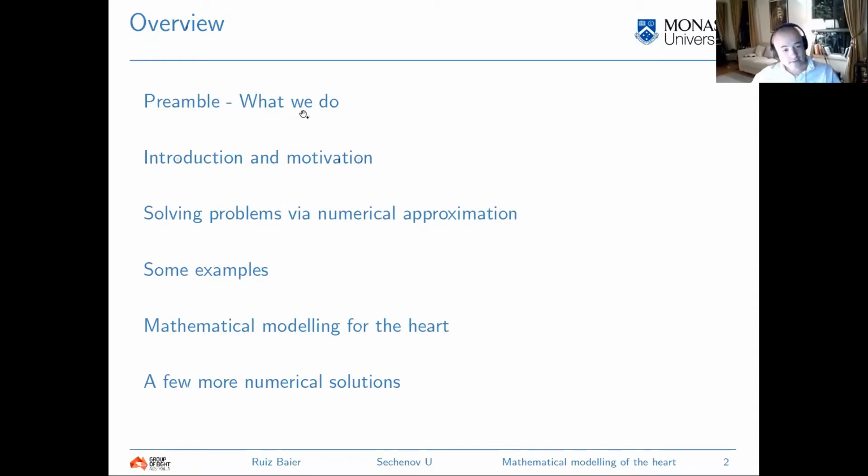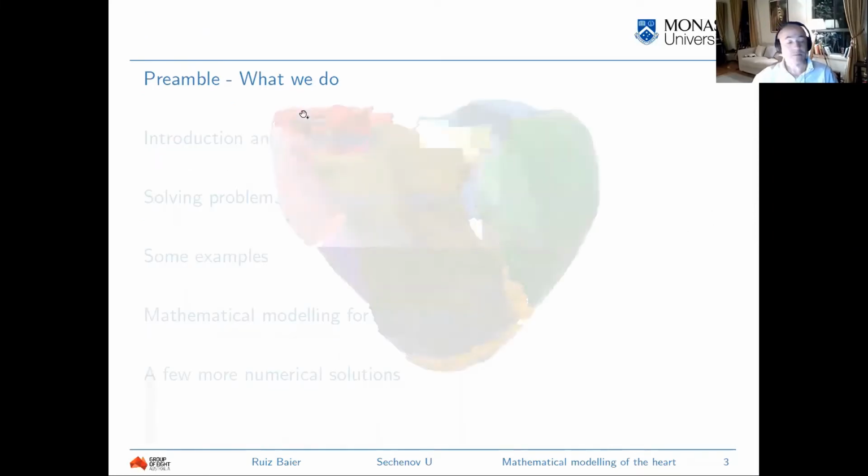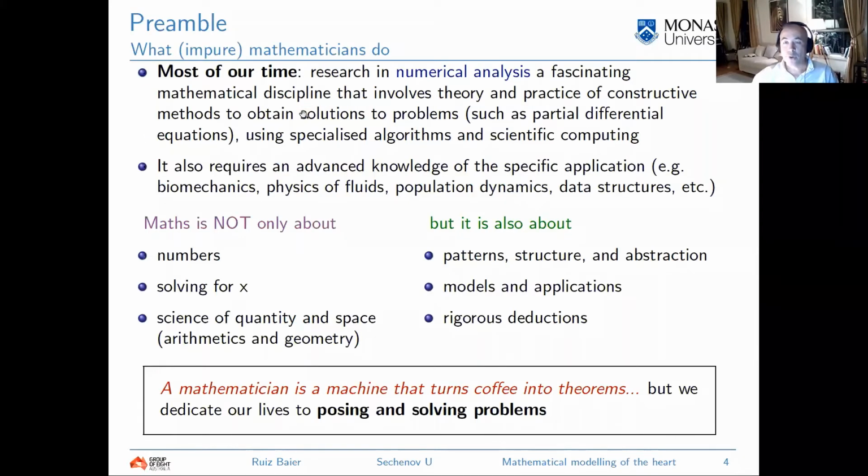But before getting there, we're going to give a few examples of how we write down the kind of models that we use and how we solve them using simple cases. So what we do. This is a field of numerical analysis, as I put here, and we use constructive methods to obtain solutions to problems.